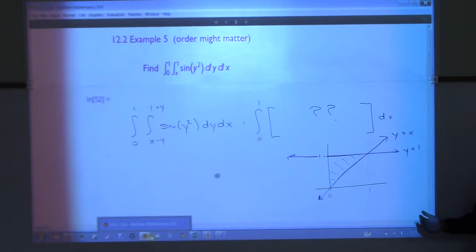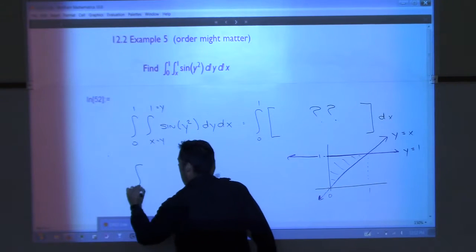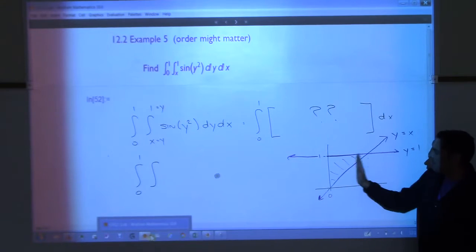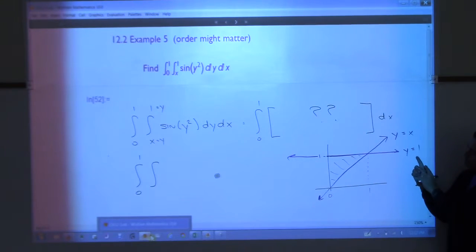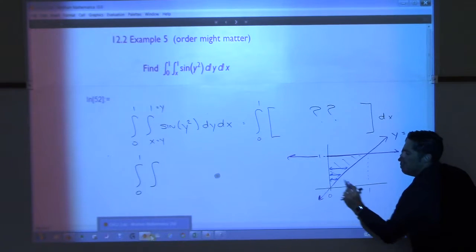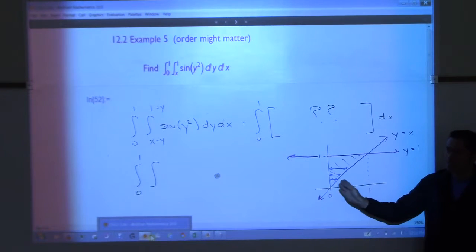What would happen if I reset this integral up as a type 2? The only difference would be, let's see, what would be my restriction on the y values? 0 to 1. But now the restriction on the x's. That means you take each of these and look at where my boundary is. I'm between these two the whole time. What is this one? X equals y.